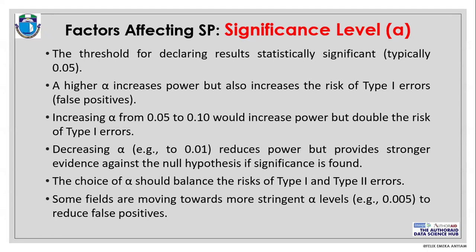But the risk is there of committing a type 1 error. The p-value was greater than 0.05, but because you have increased the p-value, it now looks as if there is a significant difference when there is none. So you are committing a type 1 error.